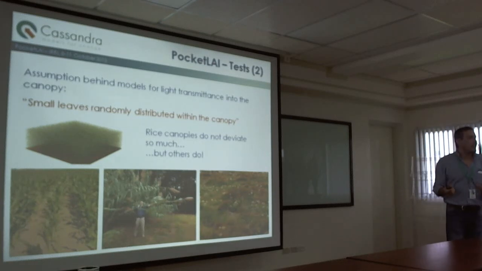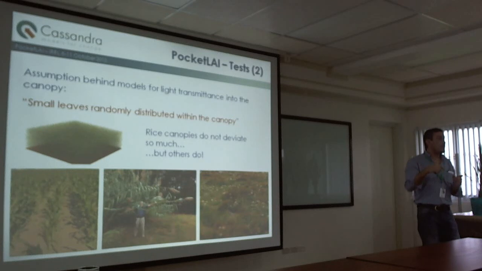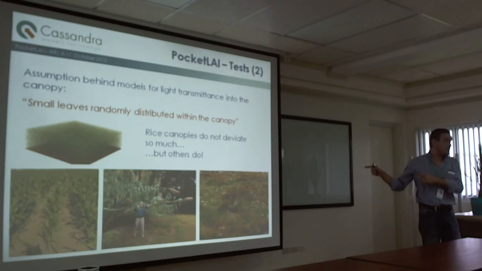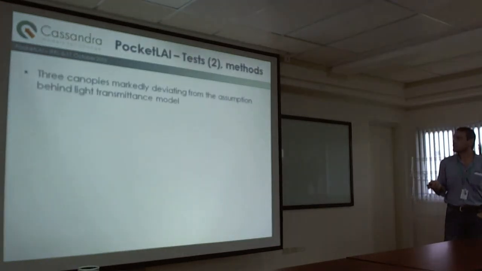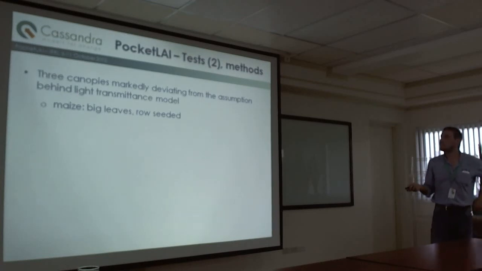And so we said, let's try to understand if the model for light transmitters into the canopy we used, which is simpler than the one implemented in commercial tools, is suitable not only for rice, but for these challenging canopies. And so we performed this second test. The three canopies markedly deviate from the assumption behind the light transmitters model. Maize had, of course, big leaves, it's row-seeded.